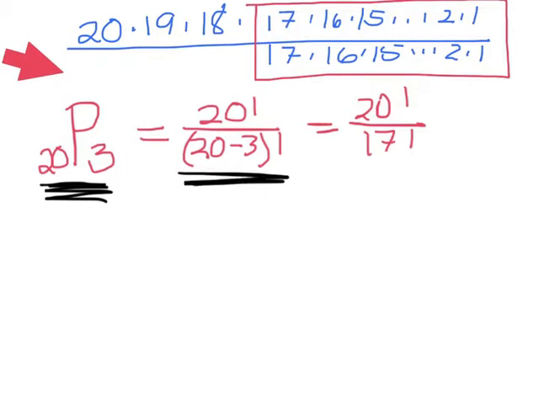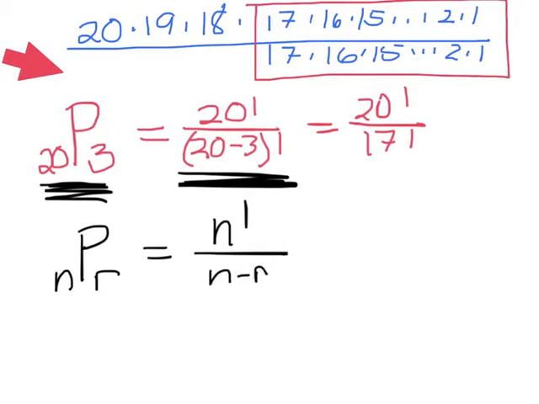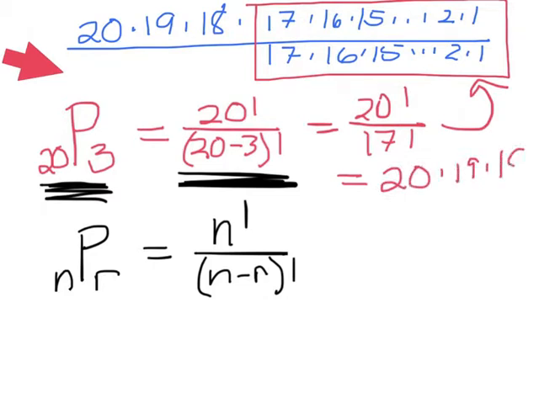In general, the permutation of n things taken r at a time is equal to n factorial over n minus r factorial. And that's the formula that we want to use. Now if I come back to this problem, it gets written as I've written it up above in blue, and the 17 factorial cancels, and you just get 20 times 19 times 18.